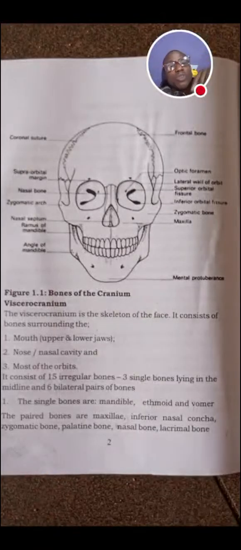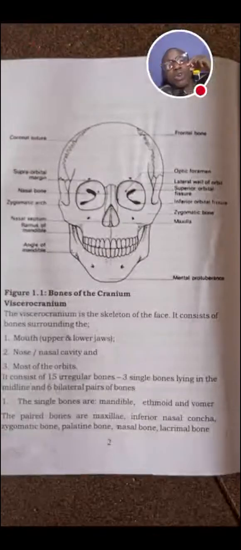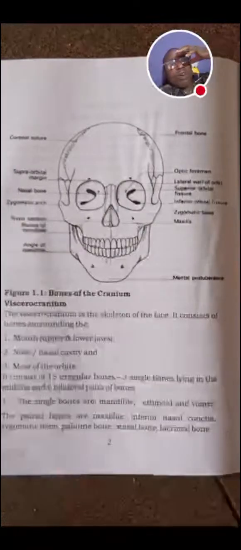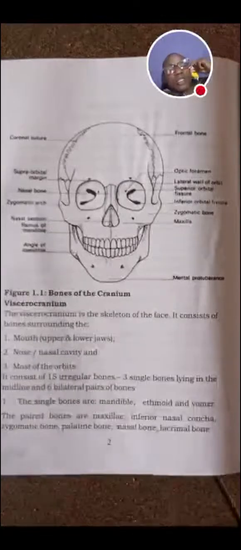And we say in anatomy your body is the best textbook, so as you are studying the textbook, try to locate it. This is the orbit bone, most part of the orbit, bones around the orbit. So we have the zygomatic bone.